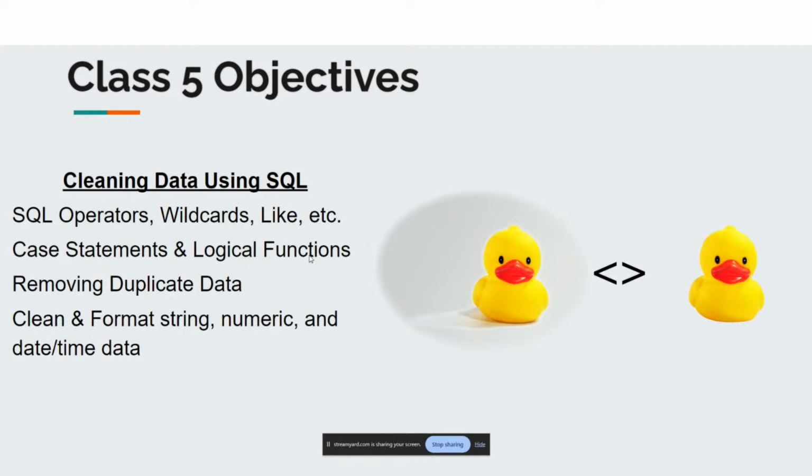And then logical functions. We'll see where they come in useful in detecting things like null, or how you could use it on a set of values. Removing duplicate data, how you not just remove it, but how you can detect duplicates and then remove those accordingly. And then cleaning and formatting string, numeric, and datetime data.